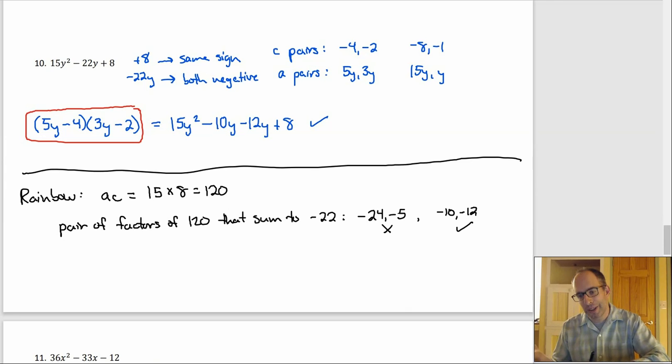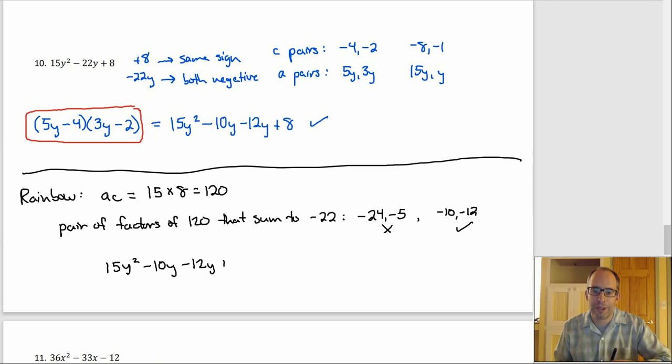And so let's just say, if you think about that one, and then you broke it up, you'd have 15y squared minus 10y minus 12y plus 8. And then if you grouped that, so 15y squared minus 10y, and then put that negative with the 12, so negative 12y plus 8.